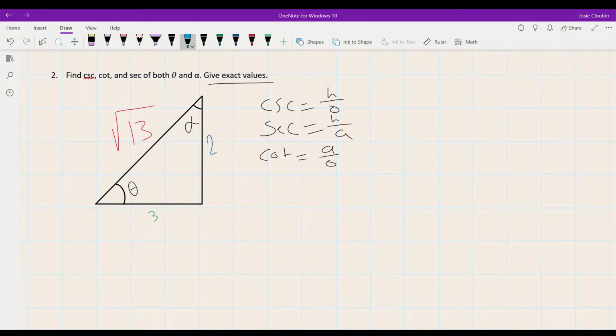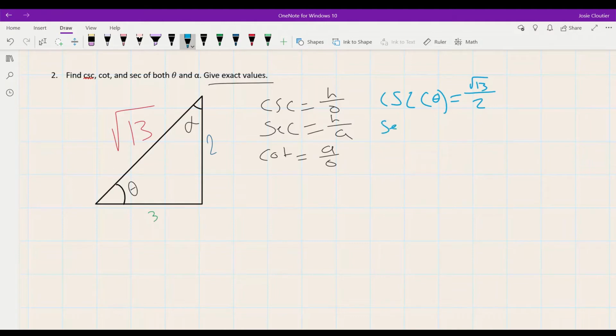So we'll start with theta. Cosecant of theta is equal to the hypotenuse, square root 13, over the opposite, which is 2.